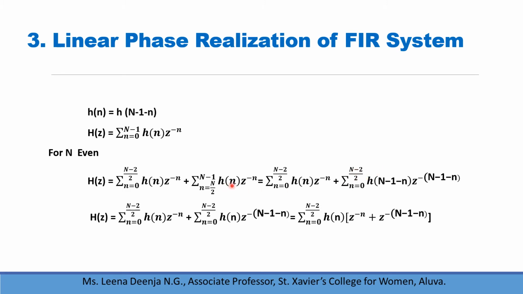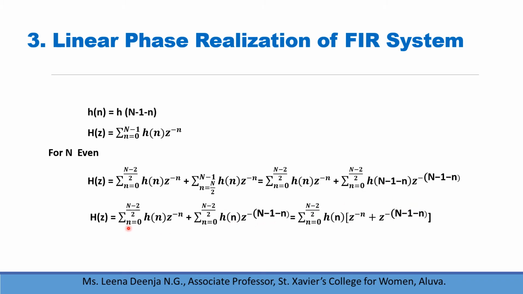Then this n changes into n minus 1 minus n. So it is h of n minus 1 minus n, and z raised to this n also changes to n minus 1 minus n. Now we know that h of n is h of n minus 1 minus n. So we can write this as h of n and a term like this.